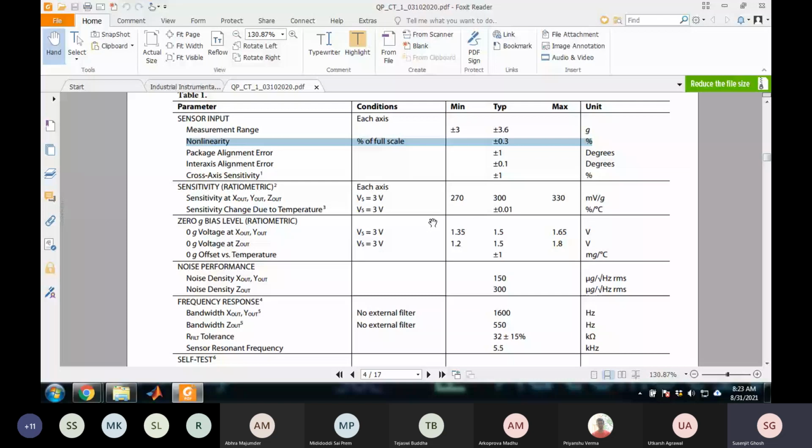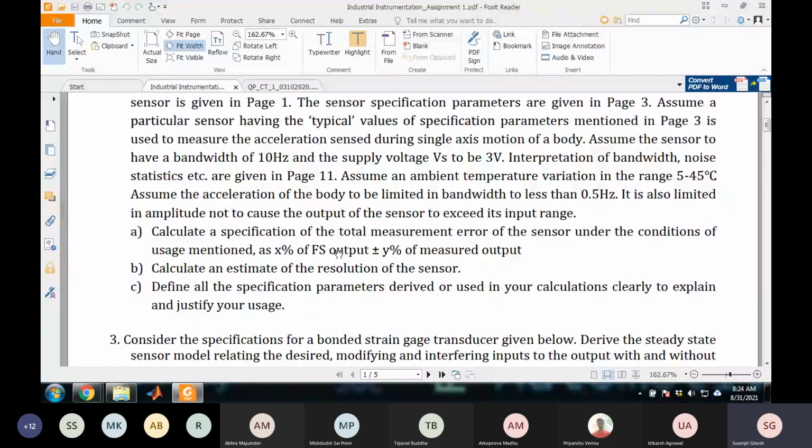Okay, so from here you can find out its value. If you see the question paper, in the sensor error specification, we have to find X% of full scale output. So full scale is actually 3.6. So 0.3% of the full scale is the total nonlinearity error. Is it clear? Yes, sir.